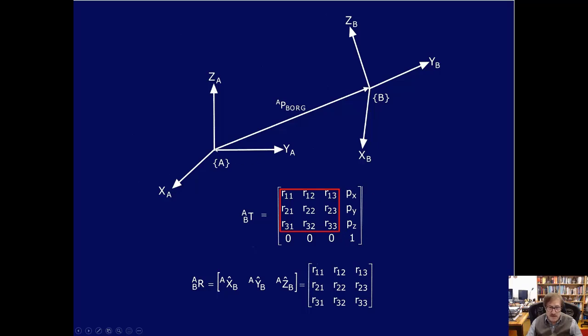The position vector is this, and the rotation information is represented by this part.